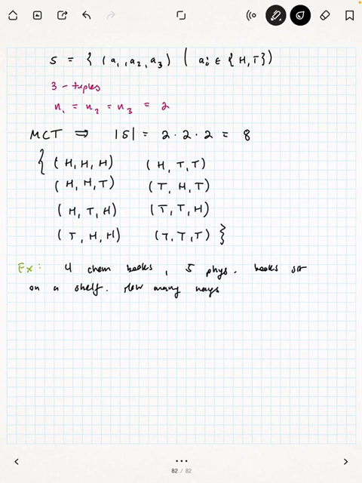We're going to suppose that they're all different. So we're looking at 2-tuples, because there's 2 categories here. Or 2 stages. Selecting a chem book and selecting a physics book. Call them E sub 1 and E sub 2, if you want. Where E sub 1 is the chosen chemistry book and E sub 2 is the chosen physics book.